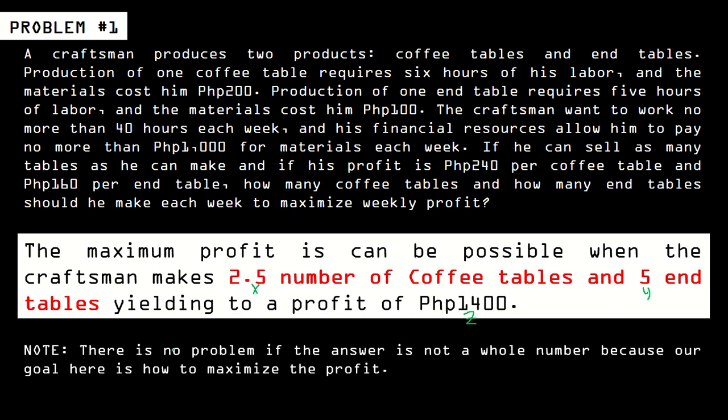It's fine if you have a decimal for your two independent variables, as long as it satisfies the given conditions. So again, the conclusion of this problem: the maximum profit is possible when the craftsman makes 2.5 coffee tables and 5 end tables, yielding a maximum profit of 1,400 pesos.